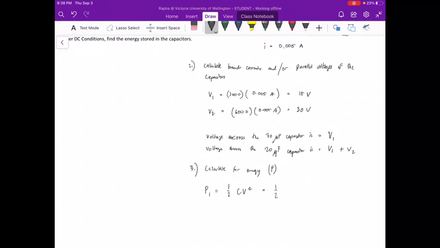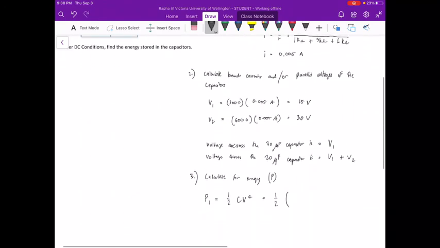So 1/2 the capacitance of 30 microfarads, 30 times 10 to the negative 6 farads. So that's the scientific notation for micro, and then we will multiply that with V1. So our V1 is 15 squared.